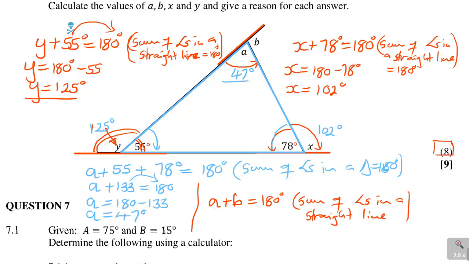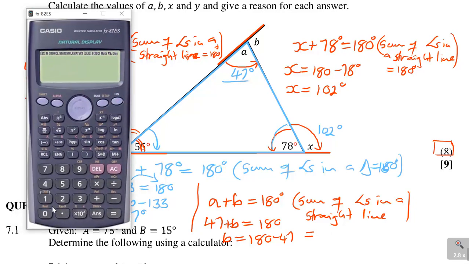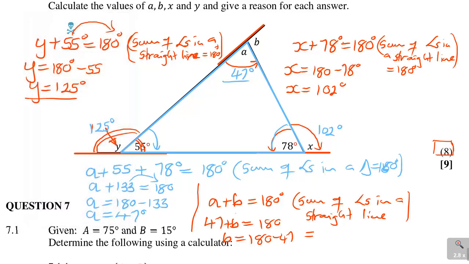I know my A is 47, plus B is 180. Take 47 to the other side, B is 180 minus 47. So my value for B is 180 minus 47, which is 133. So that is 133 degrees. That's my value for B.